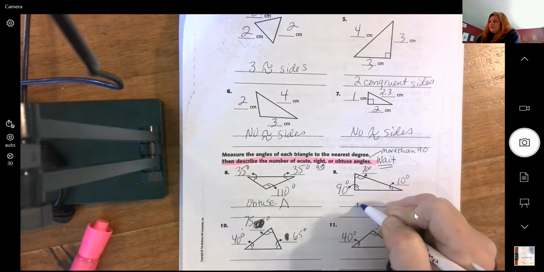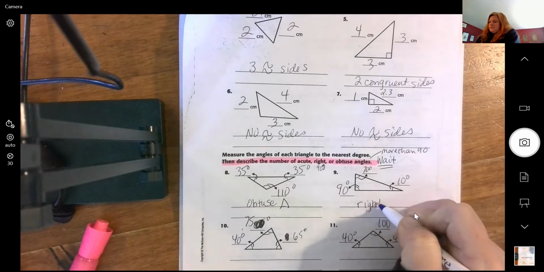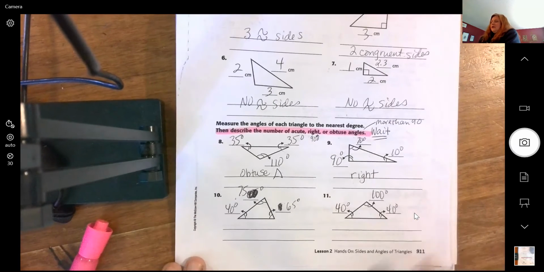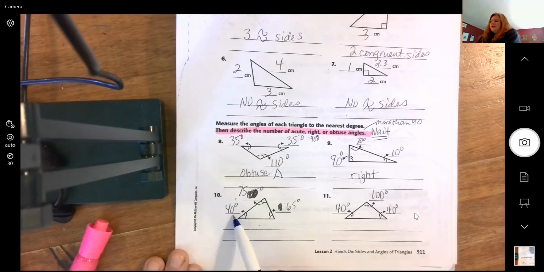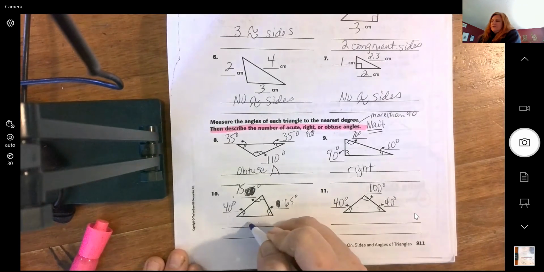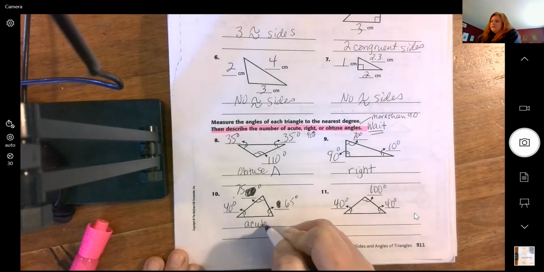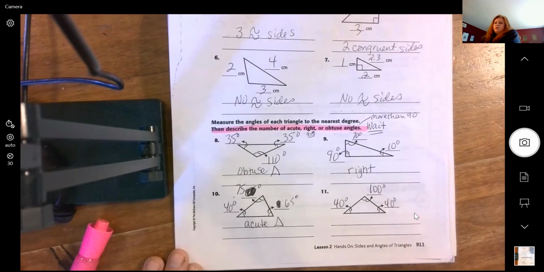Yes. Does it have one angle that's more than 90 degrees? No. Does it have one angle that's exactly 90 degrees? No. Are all the angles less than 90 degrees? Yes. So it is an acute triangle.